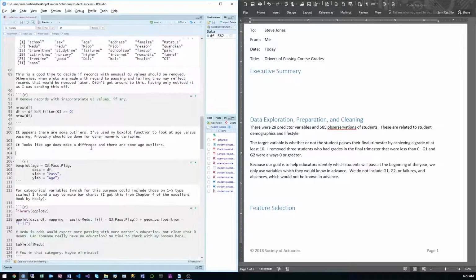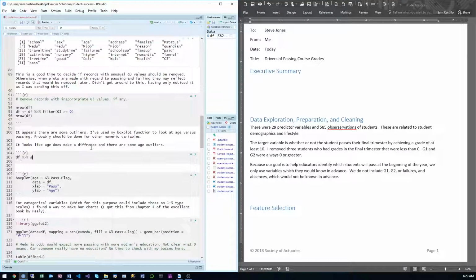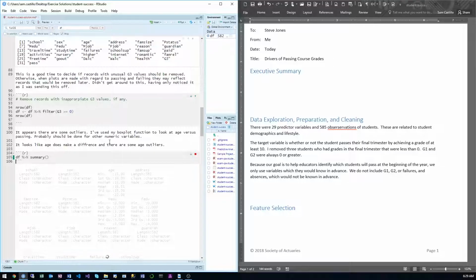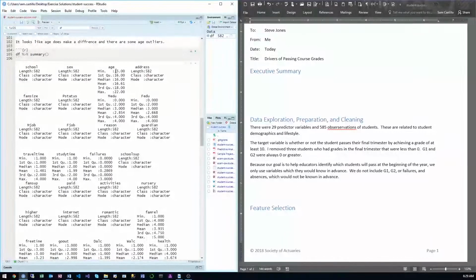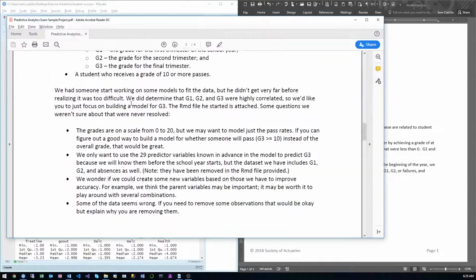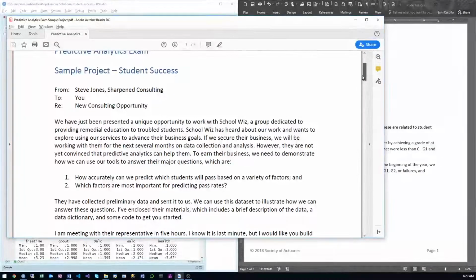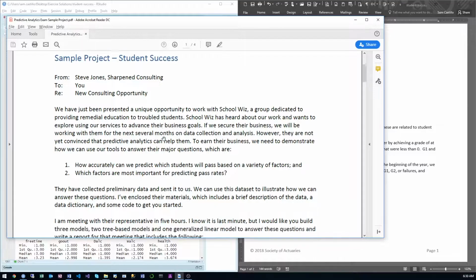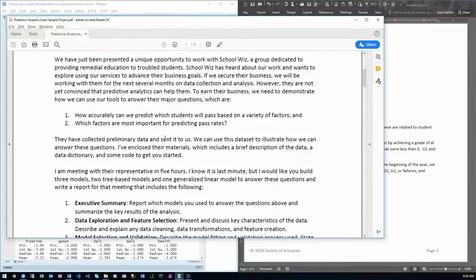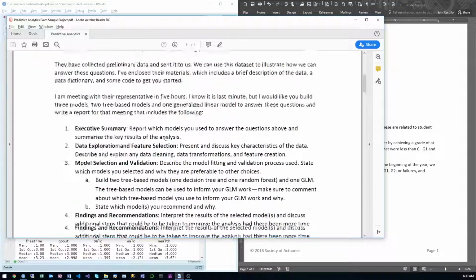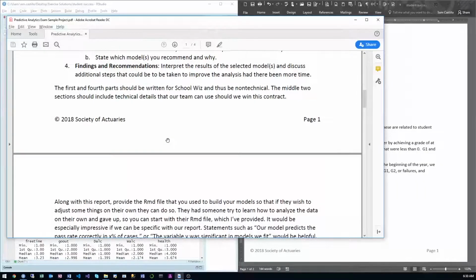Let's look again at the values. Age goes from 15 to 22. That's reasonable. What is the age of these students? School Whiz is a group dedicated to providing remedial education to troubled students. These are high school students, right?